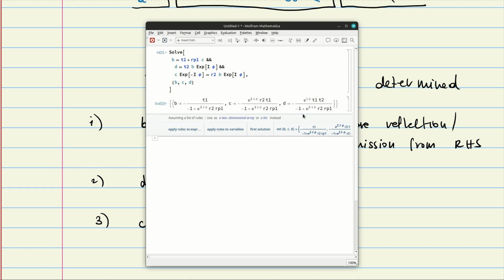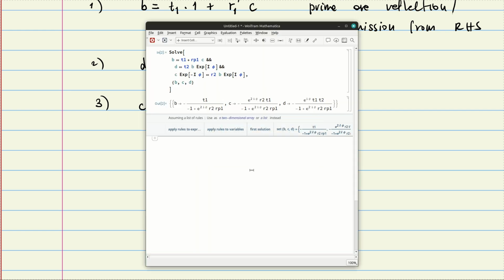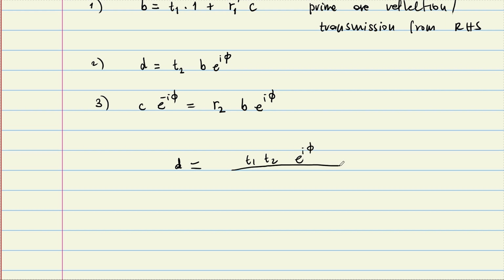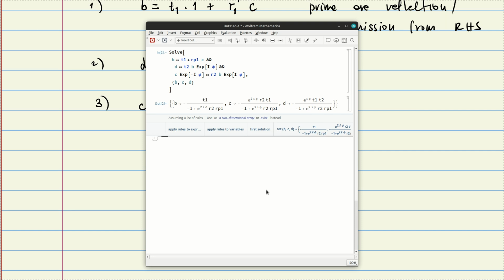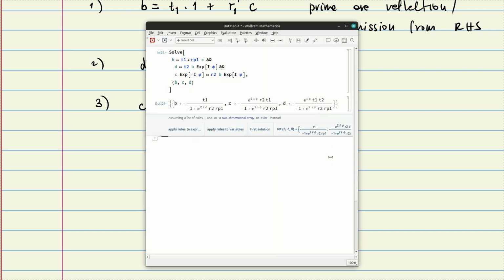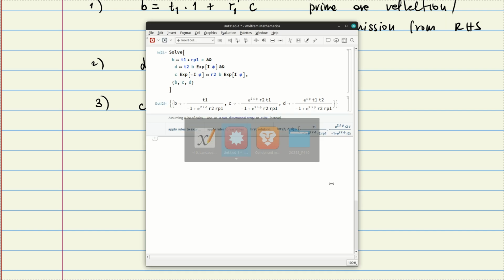Okay, all I need is this D. Let me write that. So D is equal to, okay, I'm going to absorb this minus here, so this is T1 T2 e to the i phi divided by 1 minus R1 prime R2 e to the i 2 phi.